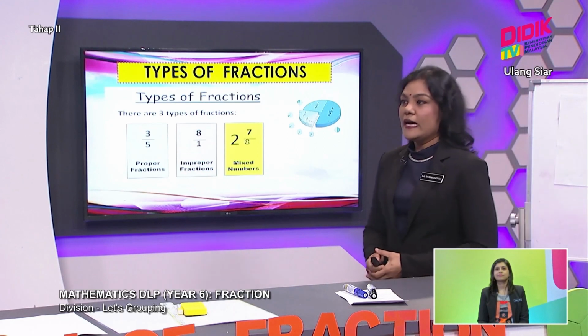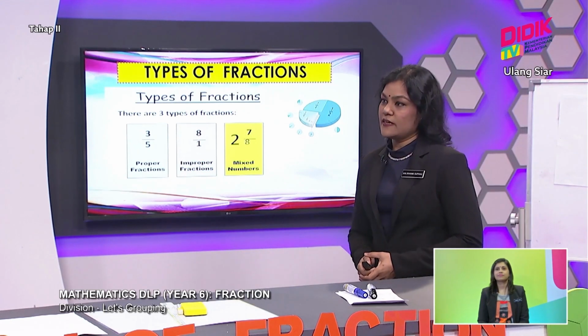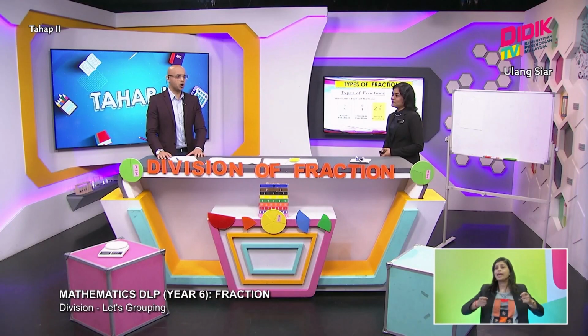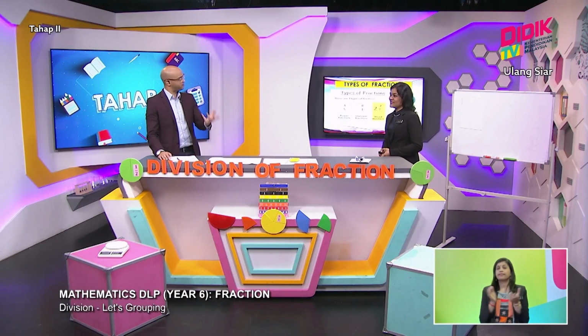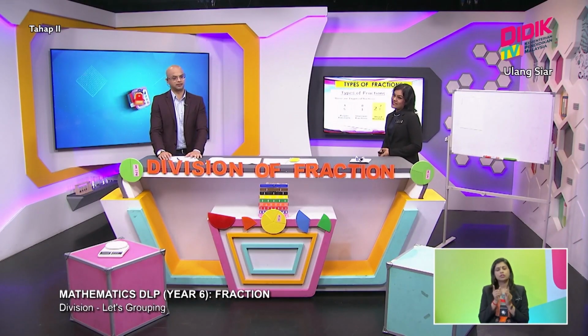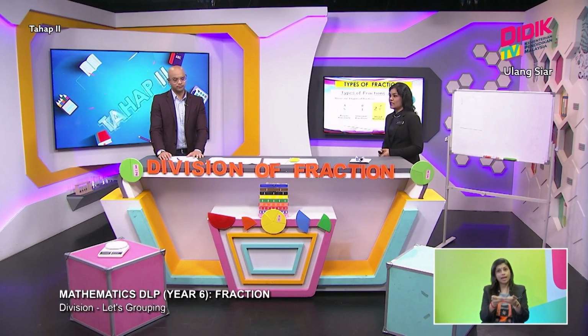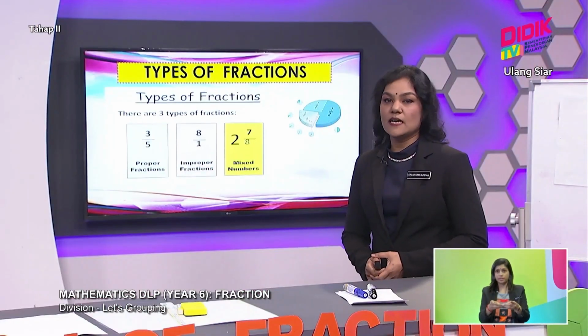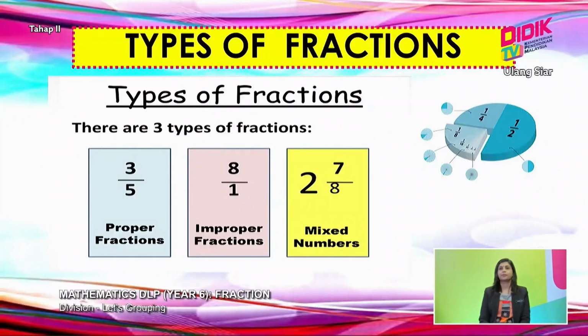Do you know, Sean, how many types of fractions there are? I only know probably a few, maybe proper fractions and improper fractions. Yes, there are 3 types of fractions. The first is the proper fraction. Before that, kids, I'm pretty sure you know about the numerator and denominator. When we say proper fraction, the numerator is smaller than the denominator. Next we have improper fraction. The word improper means the numerator is bigger than the denominator.